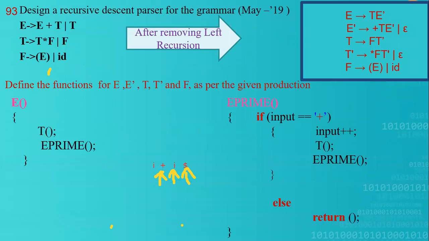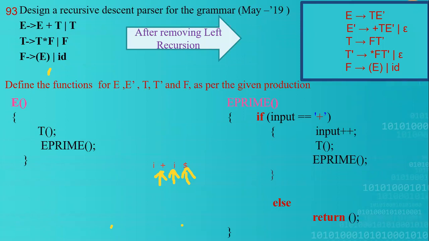So the T function was called by this particular location, right? So again, there is E prime. So in E prime, we will check whether the input is pointing to plus. No, it is pointing to the dollar symbol, right? So here also it will go to the else part and it will come out of this function. So here the control is given to this particular location. Here this function ends.